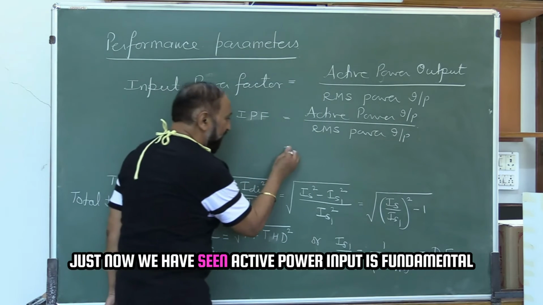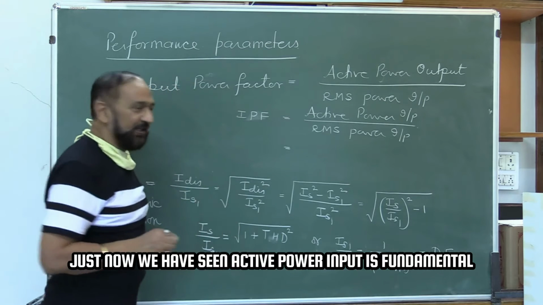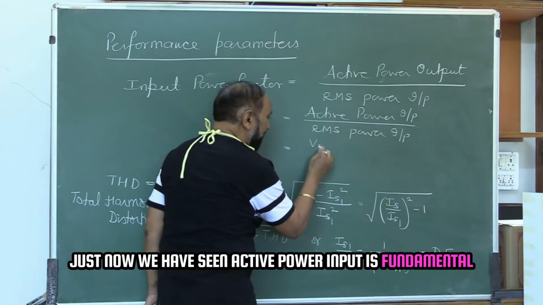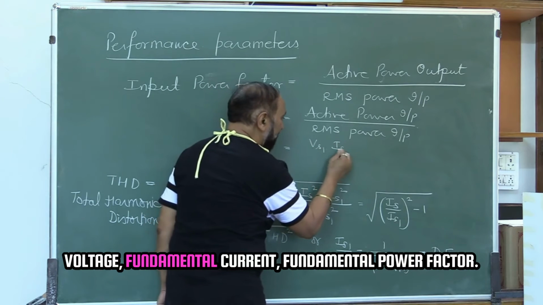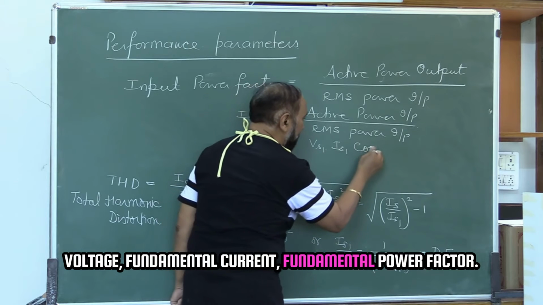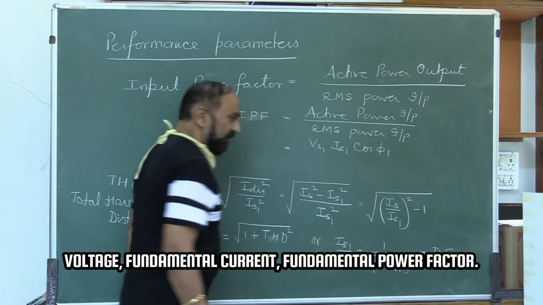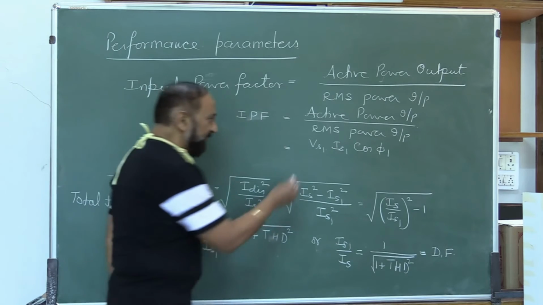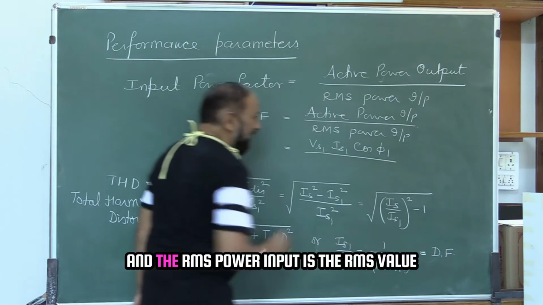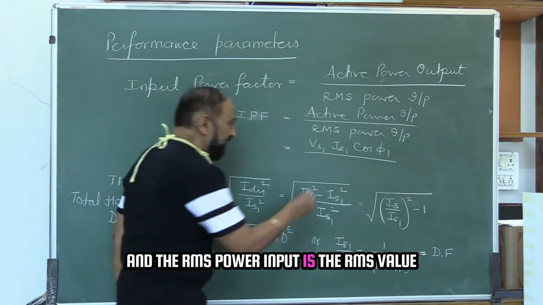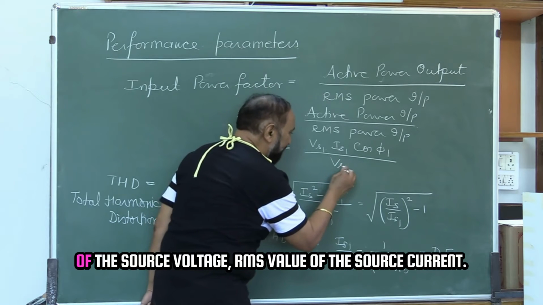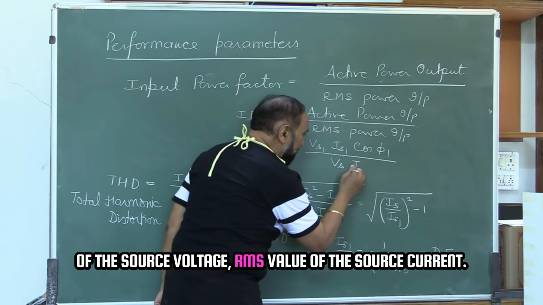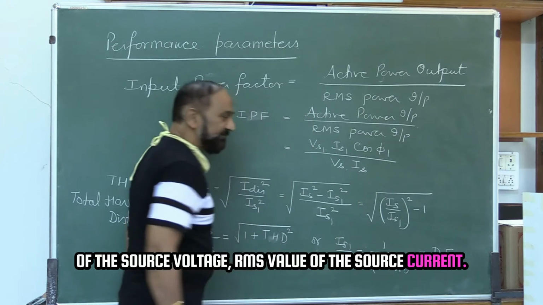Just now we have seen active power input is fundamental voltage, fundamental current, fundamental power factor, and the RMS power input is the RMS value of the source voltage times the RMS value of the source current.